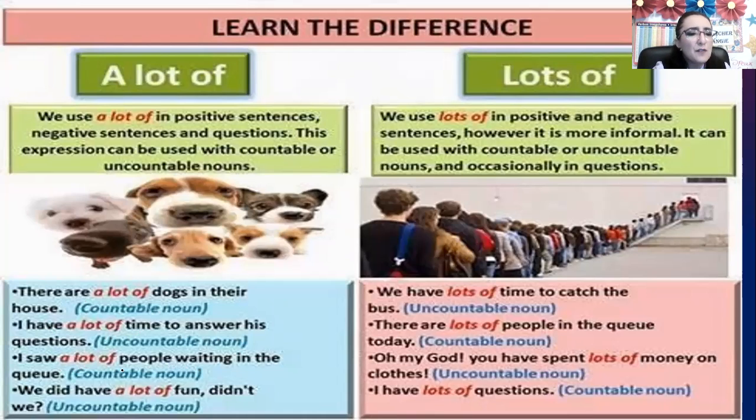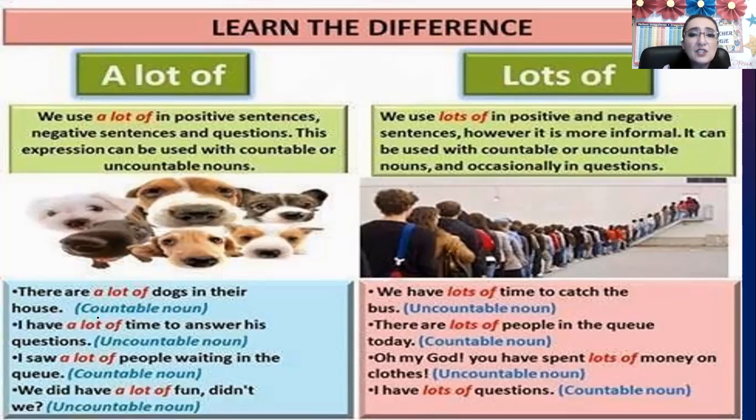I saw a lot of people waiting in the queue. We did have a lot of fun, didn't we? Countables and uncountables. Countables, people; uncountable, fun. As you can see here, I don't have negative sentences because they are not so common with a lot of, but they can exist.